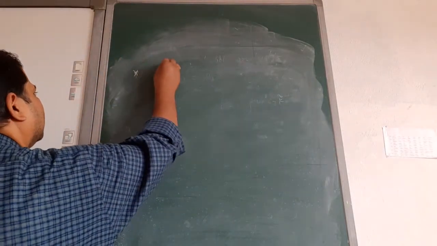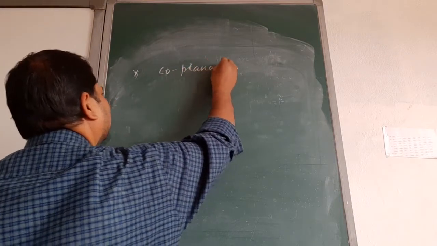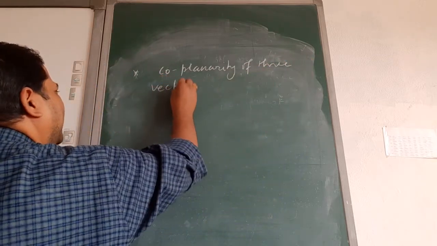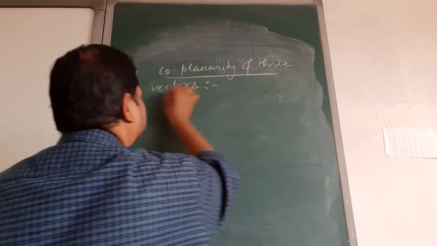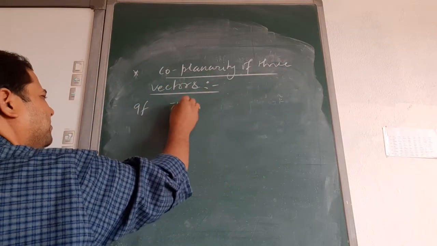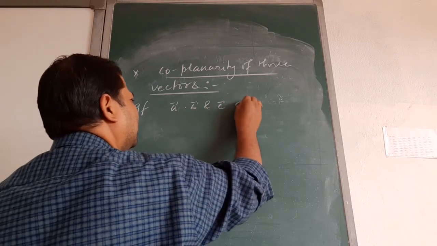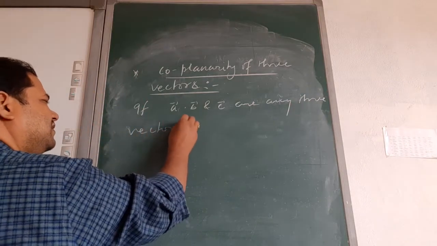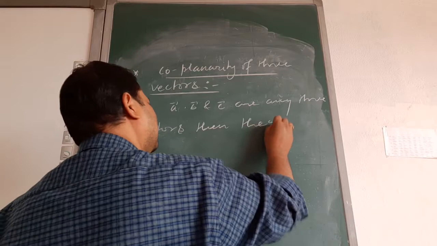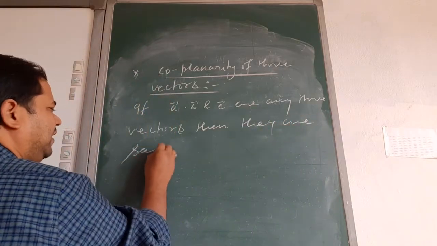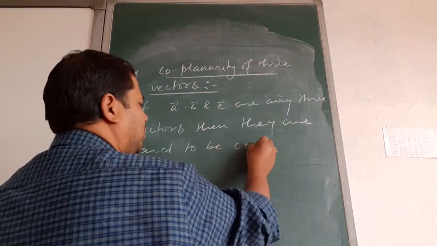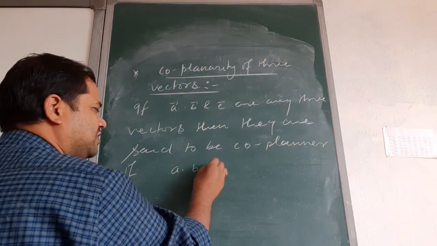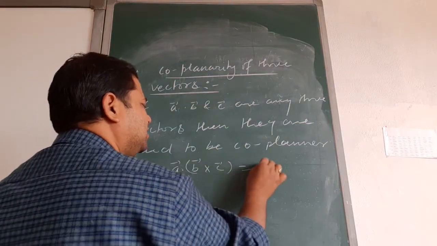Coplanarity of three vectors. Okay? If A, B and C are any three vectors, then they are said to be coplanar if A dot B cross C must be equal to 0.